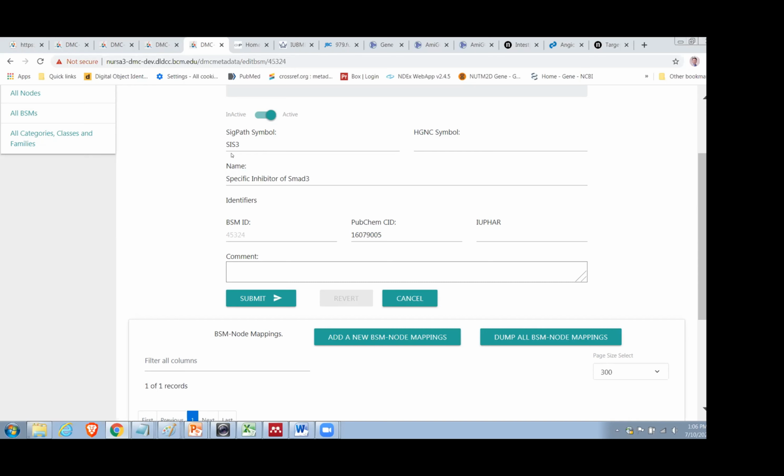It's much easier for us to discuss a particular experiment, or to annotate, if we're using these short symbols.